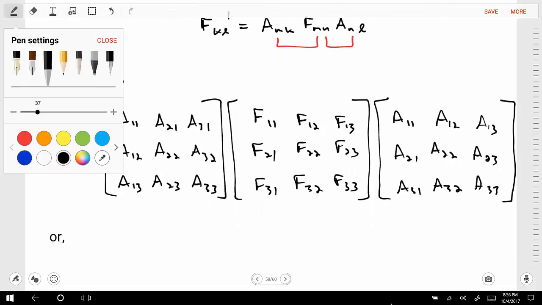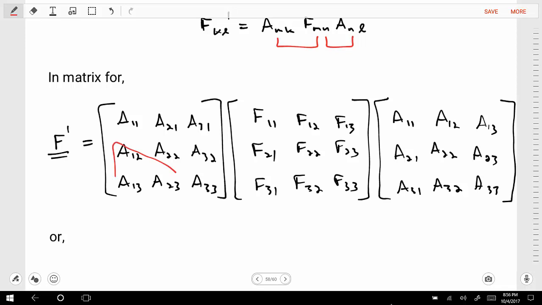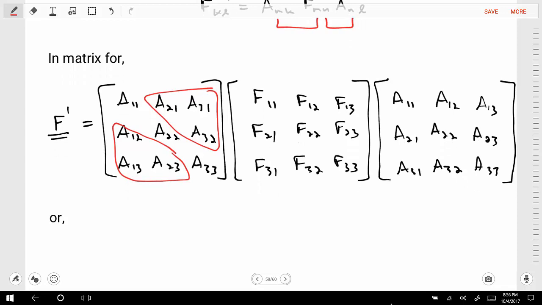So when we look at this, we see our transformation tensor here has these off-diagonal terms transposed, while the transformation tensor here does not. We can then describe this in a coordinate free form as: our transformed tensor f is equal to the transformation tensor times the tensor f times A transposed.